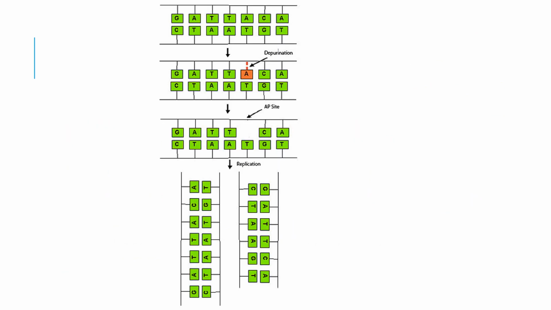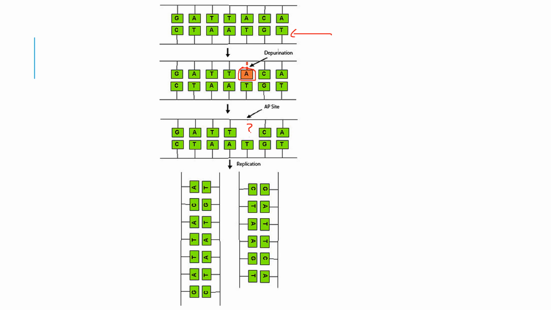Okay, let's take this example. As you can see here, it's the original strand of DNA, and here there is a depurination of adenine. Now you can see the AP site is present, which means the purine is not present here.